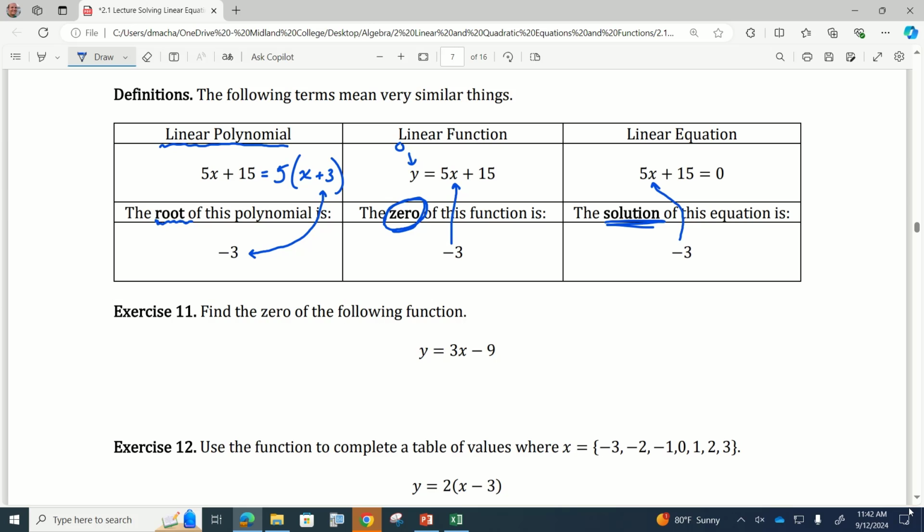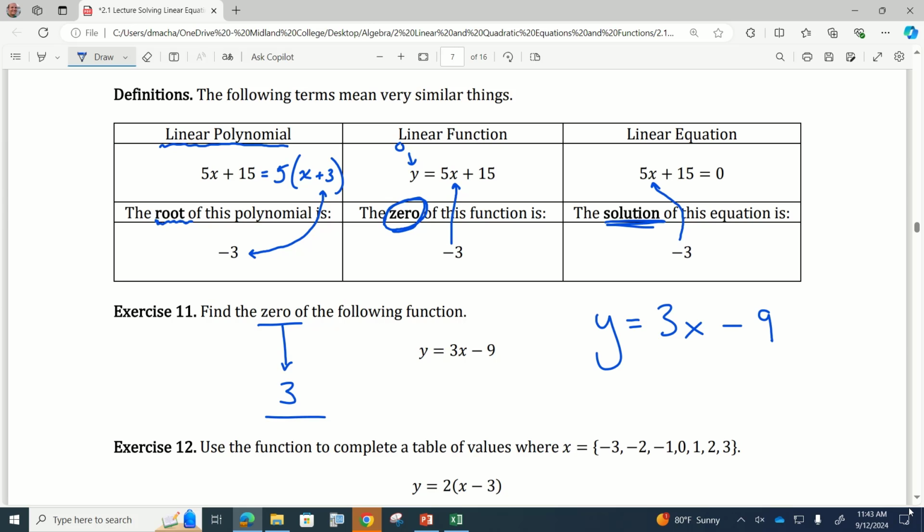So I might ask, find the 0 of the following function, and what would be the 0 of this function? Three. The 0 of this function is 3.